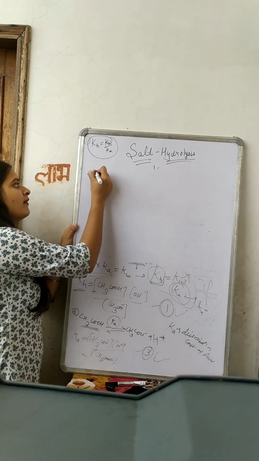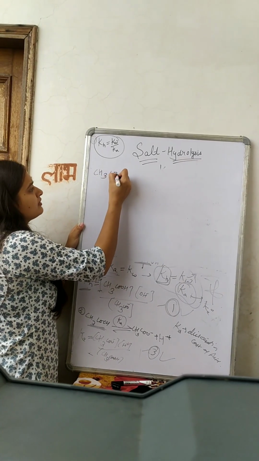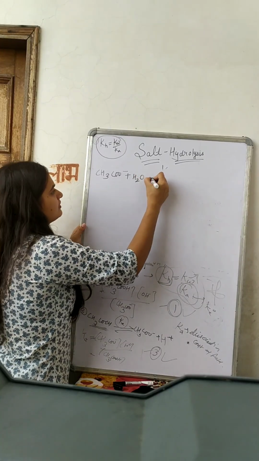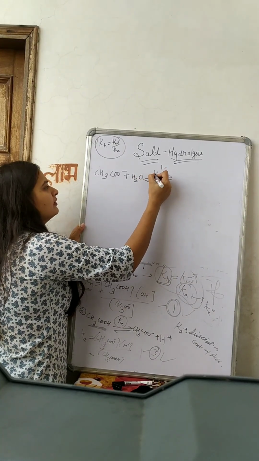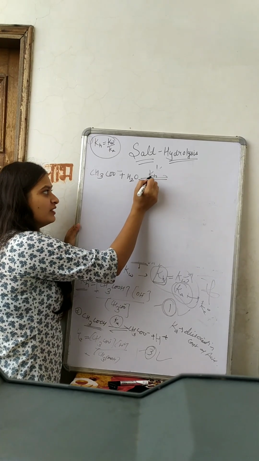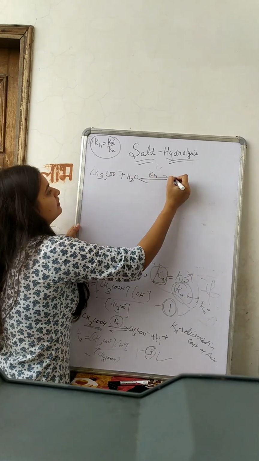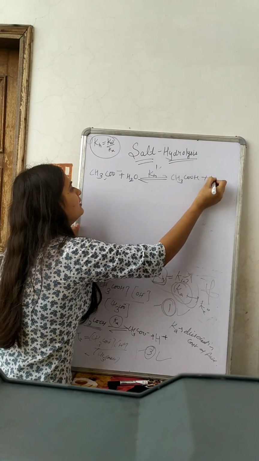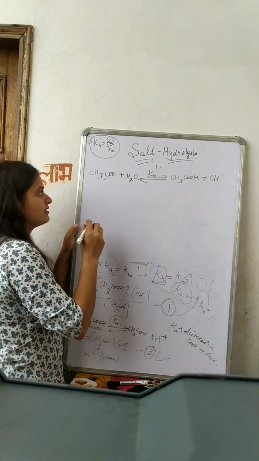So when this salt undergoes hydrolysis, this constant is known as the hydrolysis constant of the salt, that is equal to the concentration of CH3COOH and the OH negative ions.